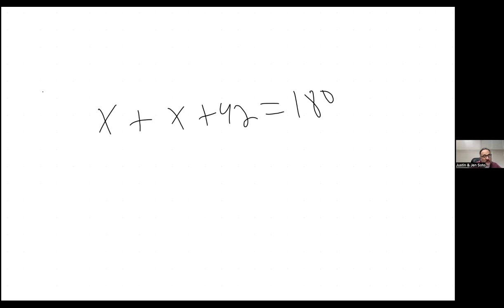Let's see if we can solve this. Why don't you try and solve this and give me an answer? This is number 19.